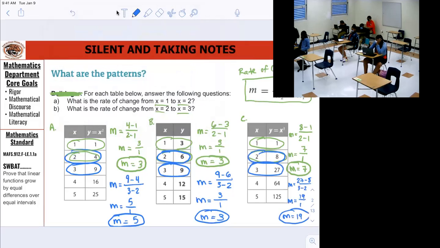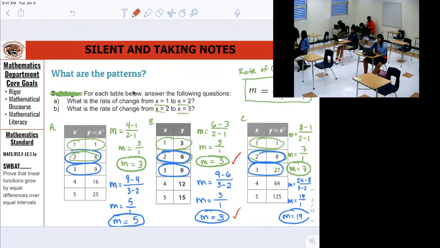All right. So here I have all of those values for all 3 tables. Do you guys notice something interesting that might have happened? Yeah. In table B, they had the same rate of change. Perfect. In table B, we had the same rate of change between the first set of points and the second set of points.